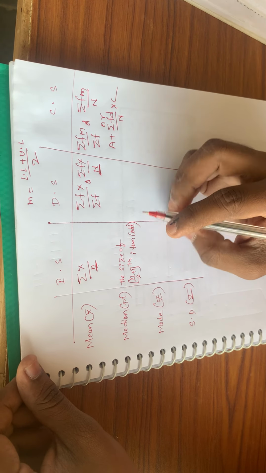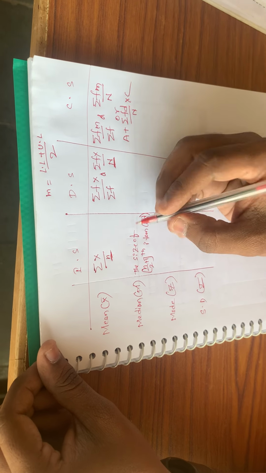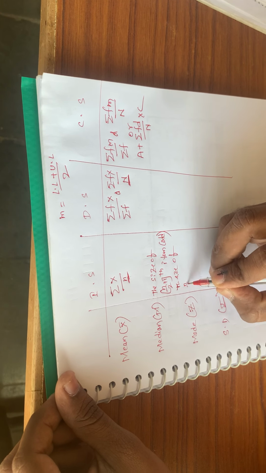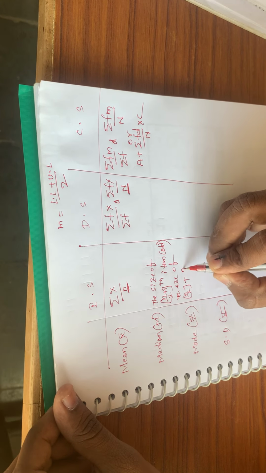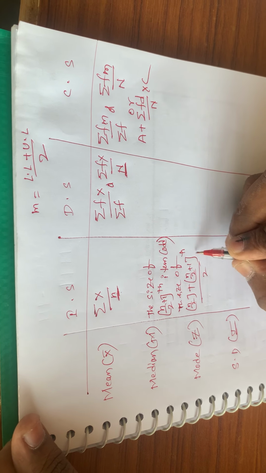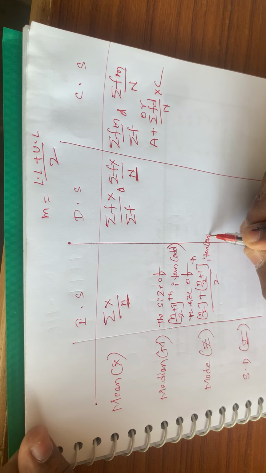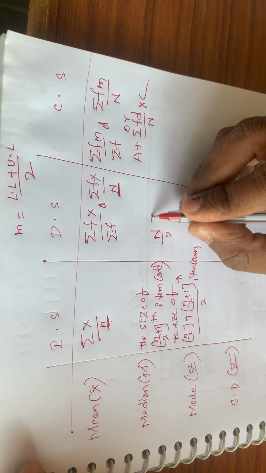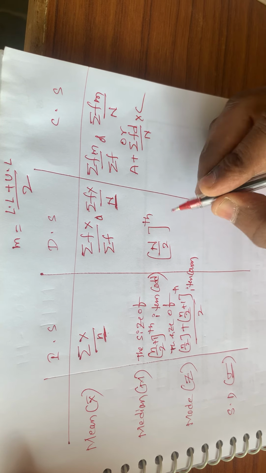If it is an even number, then the size of the n by 2th item plus the n by 2 plus 1th item divided by 2, that is for even. Now coming to discrete series, simply the size of capital N by 2th item.